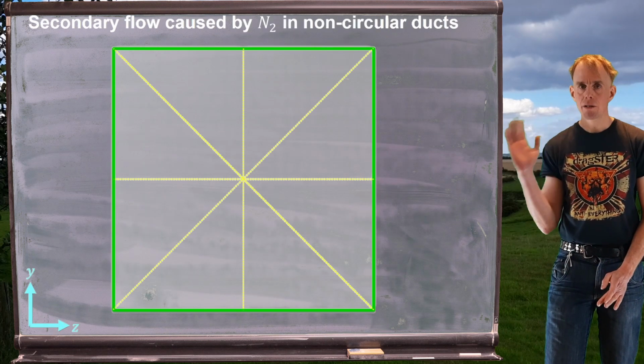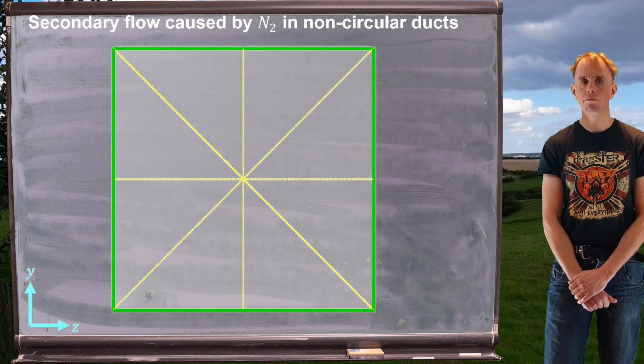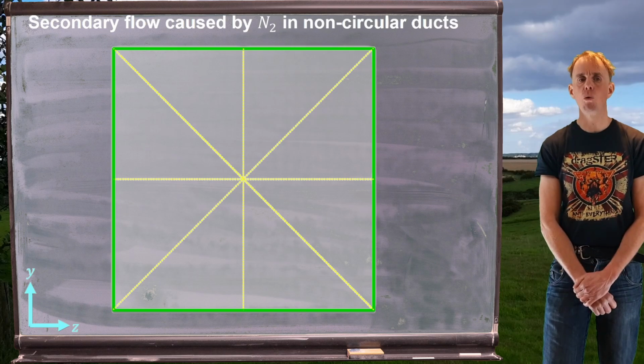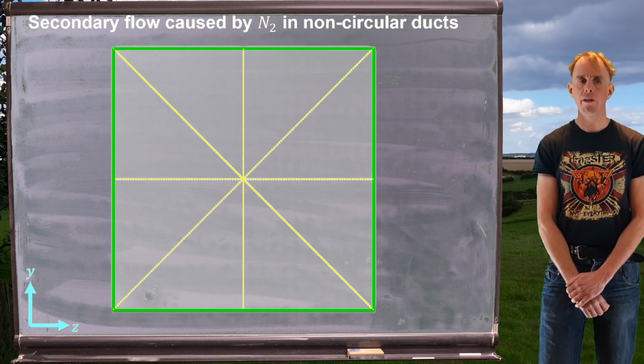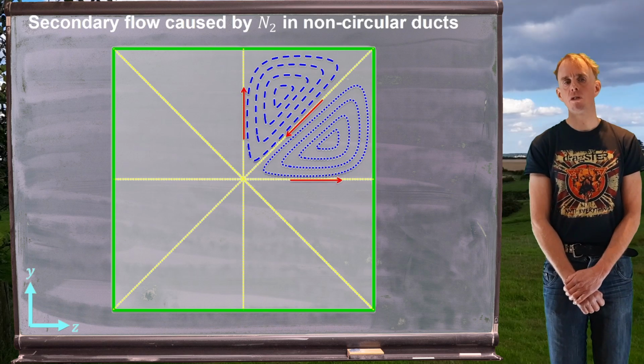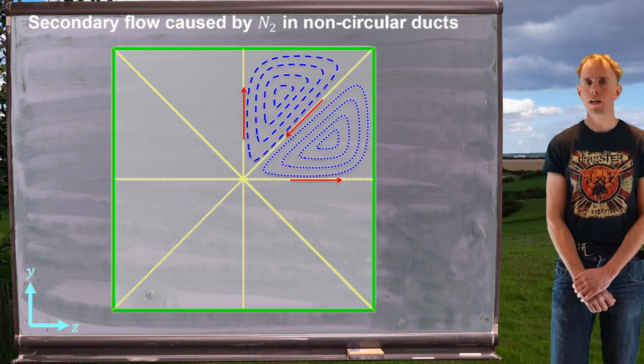Let's look at my cross-section of my square section duct. Let's draw on my symmetry lines there in yellow, joining each corner and joining the mid-sides. And in each of these symmetry segments, we get a vortex.